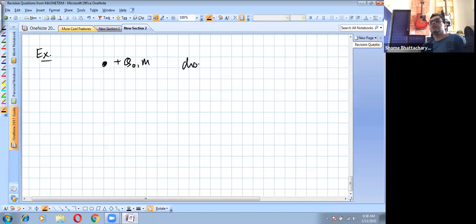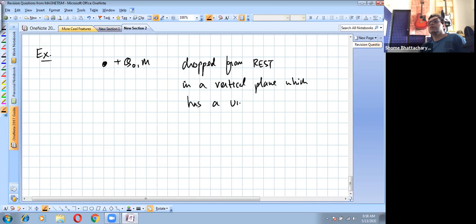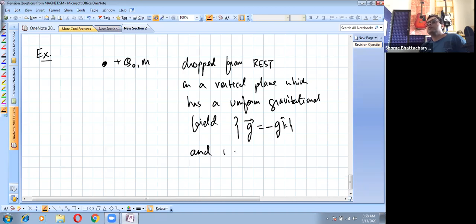It is dropped from rest in a vertical plane, which has a uniform gravitational field. And because of that gravitational field, our acceleration due to gravity, let's say, is minus g k cap, and a uniform horizontal magnetic field.